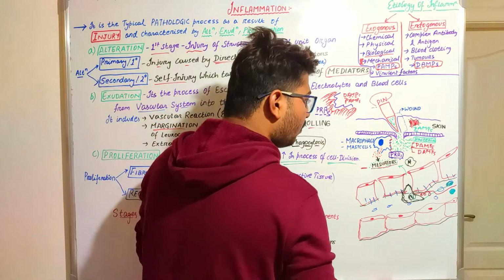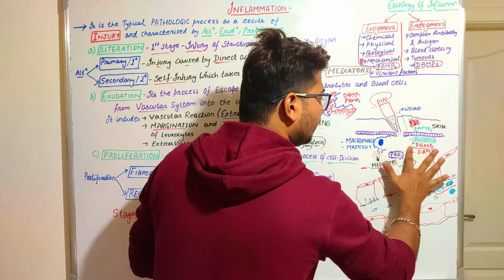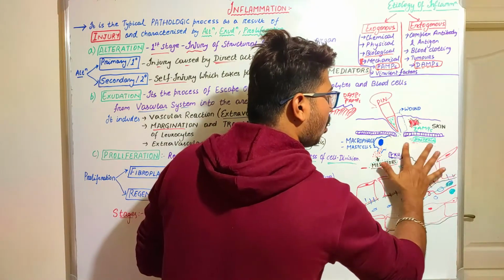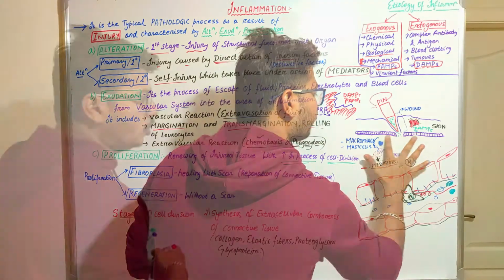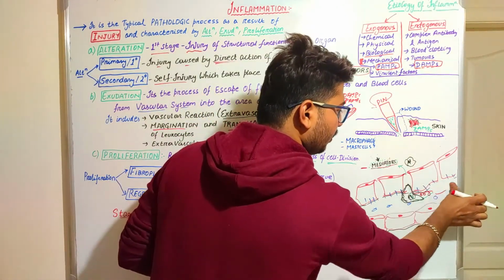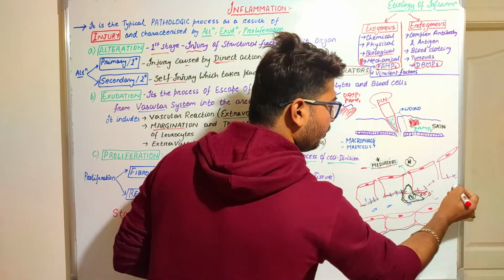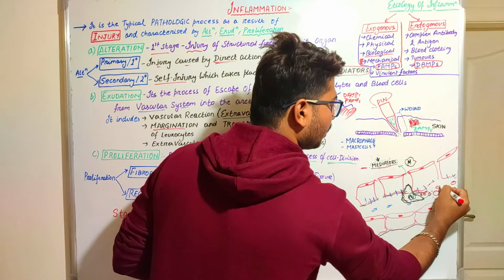After the process of engulfment, after eating the PAMPs or DAMPs and bacterial material, what will happen at the next stage? There will be attraction of platelets or the clotting factors.